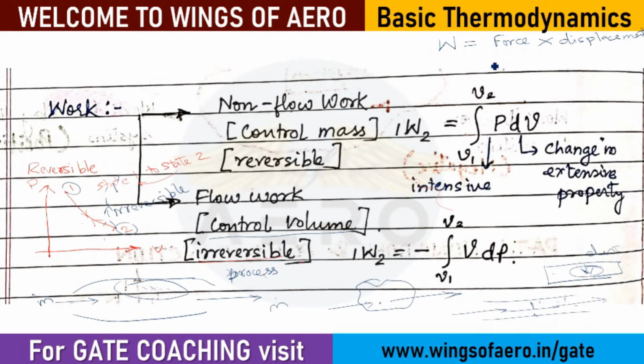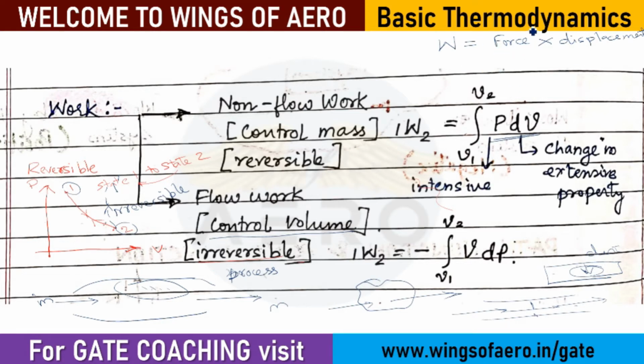Here it is in terms of force and displacement, but when we see it, it is in terms of pressure and volume. So always you draw a graph between pressure and volume, or temperature versus entropy, or enthalpy versus entropy.